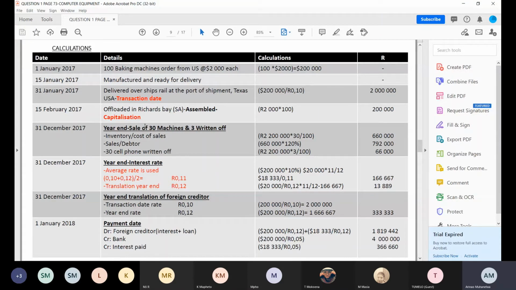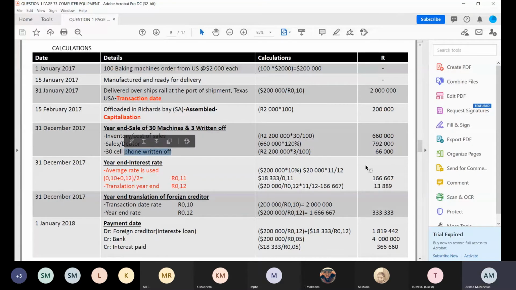There was a sale I spoke about in detail regarding this. And there were 3 machines that were written off. And I spoke about that. When there's a sale, then that means our inventory is going to reduce. And we must recognize the sale and we must recognize the write-off. Just the details.